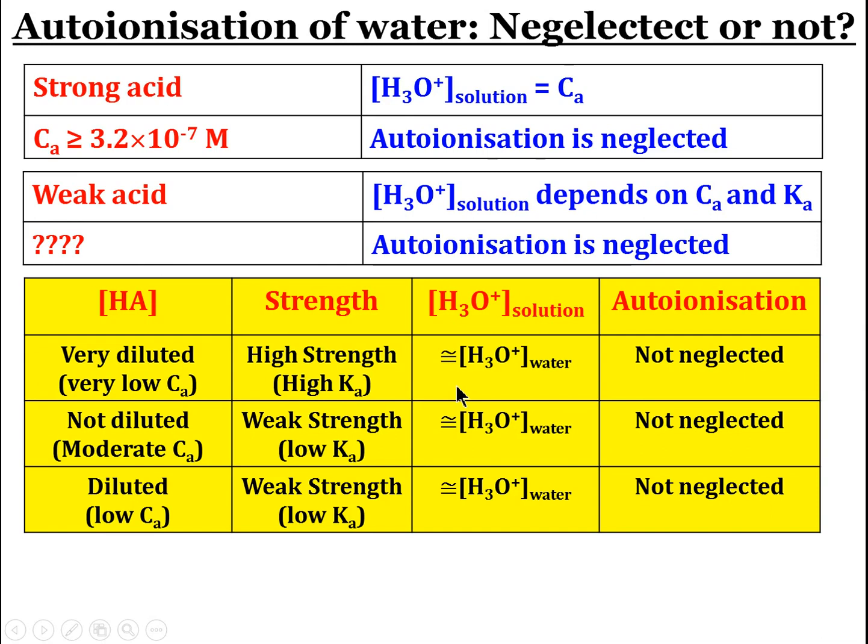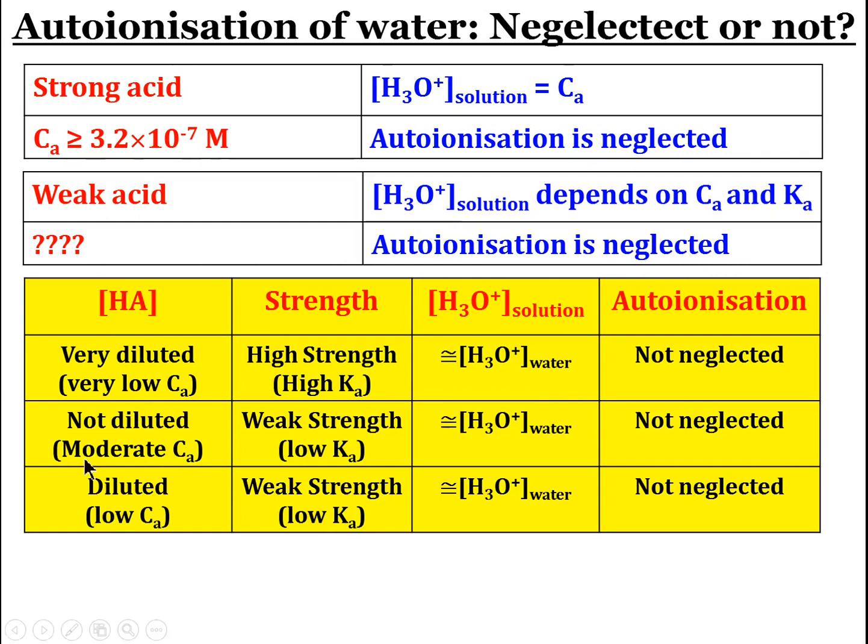Although a moderate proportion of the acid dissociates, the initial concentration of the acid is so low that very little acid is there to dissociate, so the H3O+ it gives in the solution is close to H3O+ from water. So in this case, we could not neglect the autoionization of water.